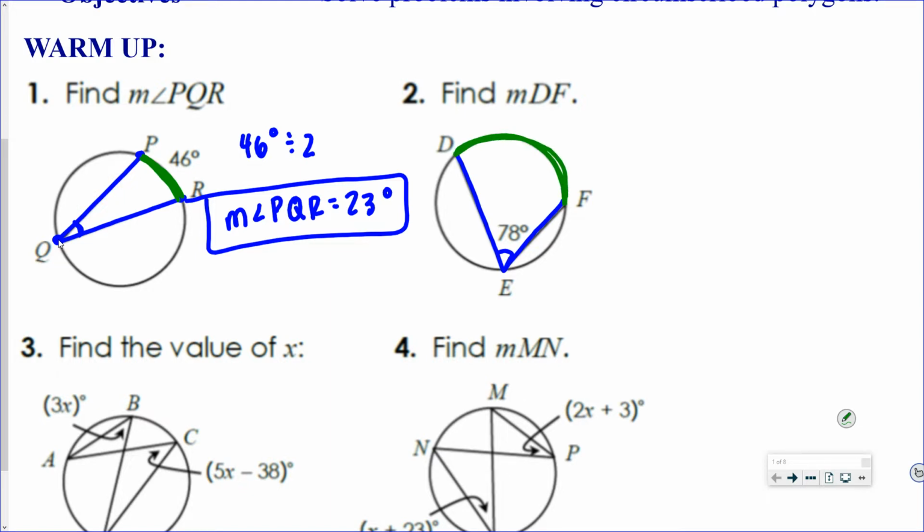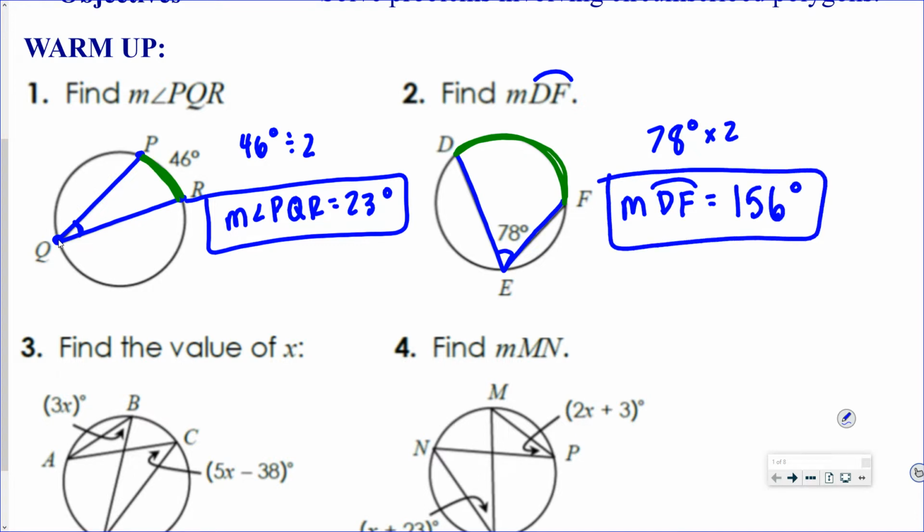I know the angle, so I would just have to double it. This should really have an arc symbol over it, if you want to draw it in. So that's 156 degrees is what that arc measure should be. Okay, remember that? Good. That was one of the things we learned.